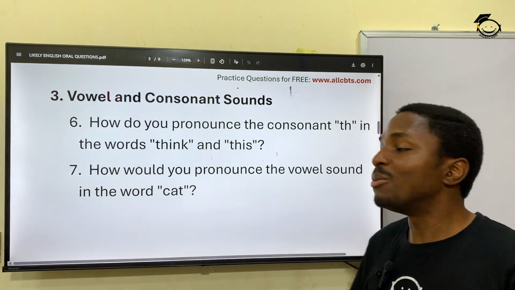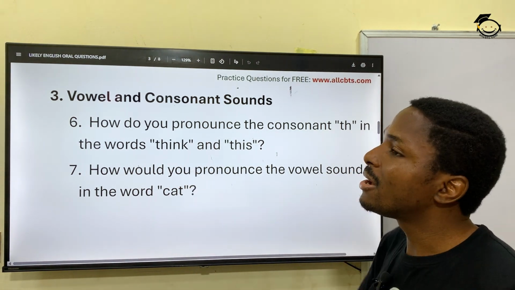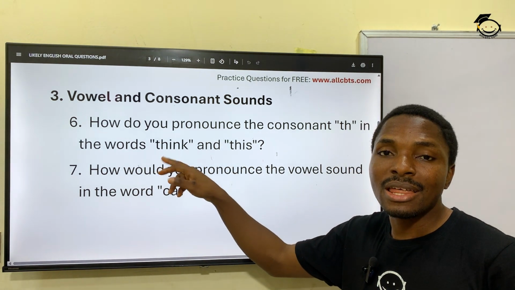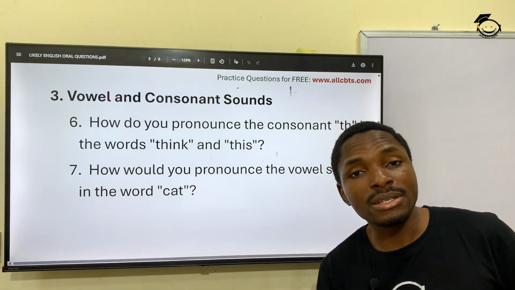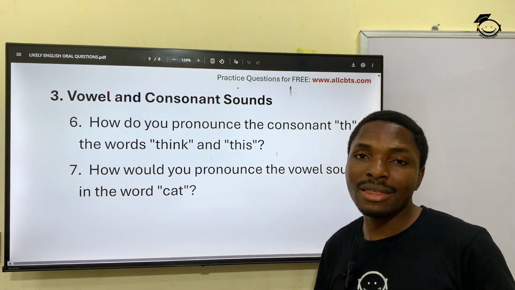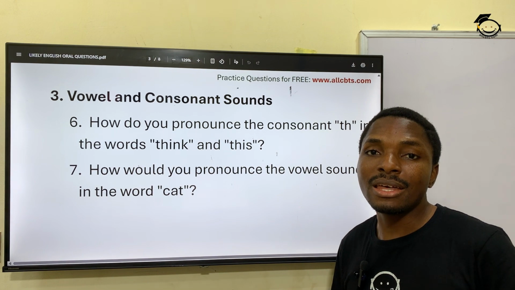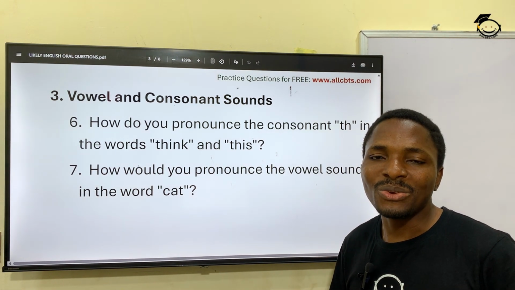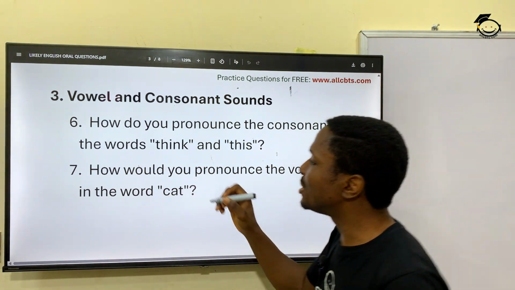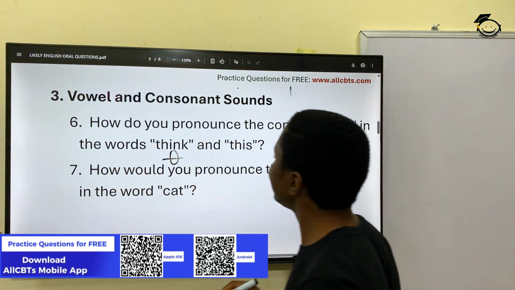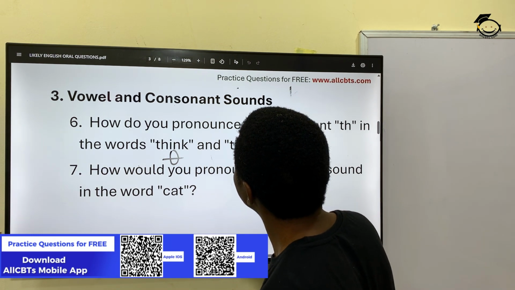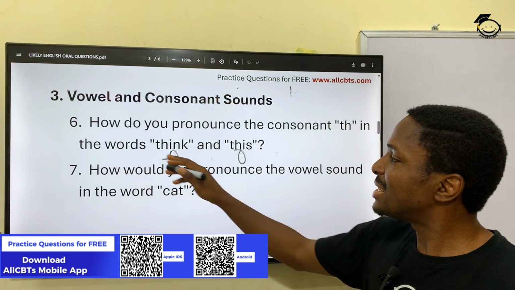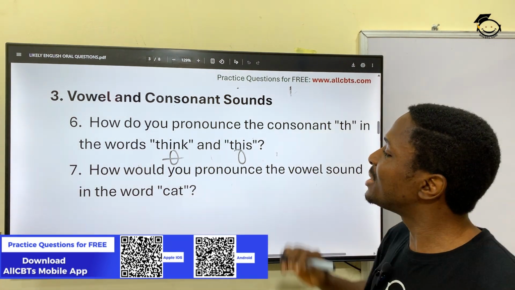One is voiceless and one is voiced. In think, it is voiceless. You don't hear that sound, you only hear the ink. But in this, you hear the voiced sound.